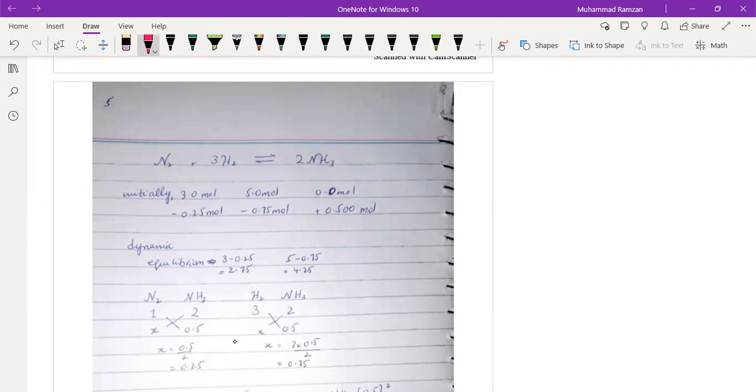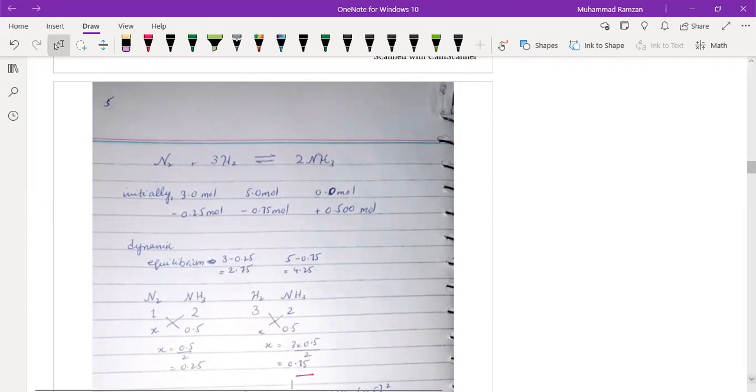Likewise, for H2 and NH3, to produce 2 mole, you need 3 mole H2. If 0.5 mole is produced, X, cross multiply, you calculate this figure, 0.75. You can check this. So basically, these are the mole per dm cube.